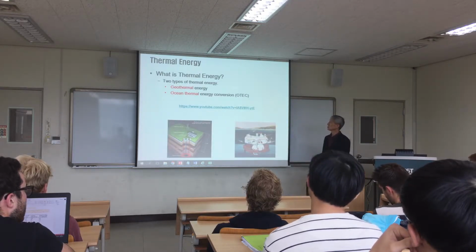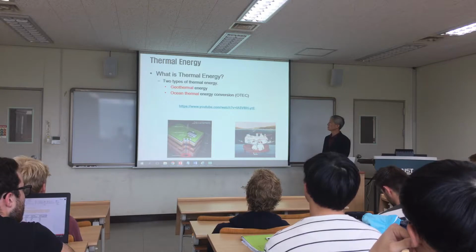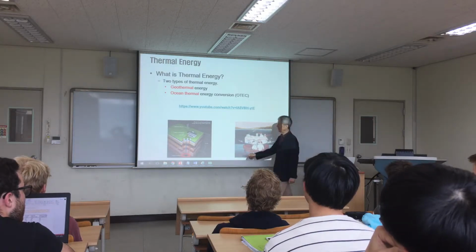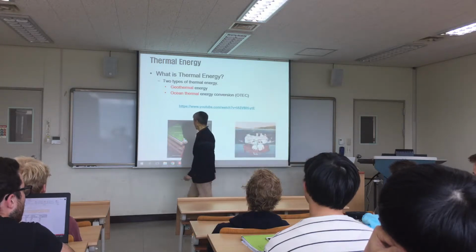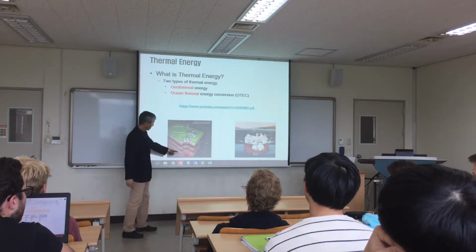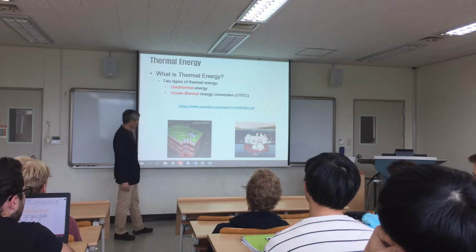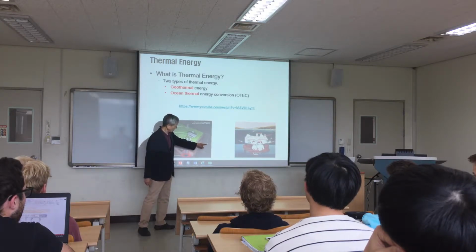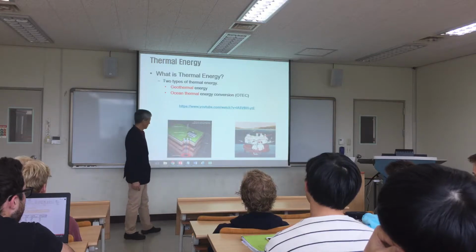And the other one is thermal energy. This is a different topic. And there are two types of thermal energy. One is geothermal energy, which is coming from the land. In the soil, there is a melting pot at 4 or 5 kilometers.